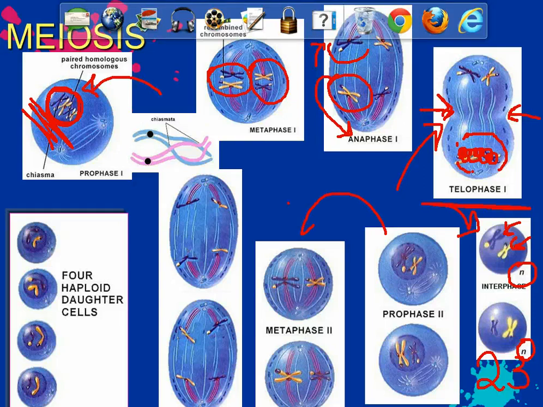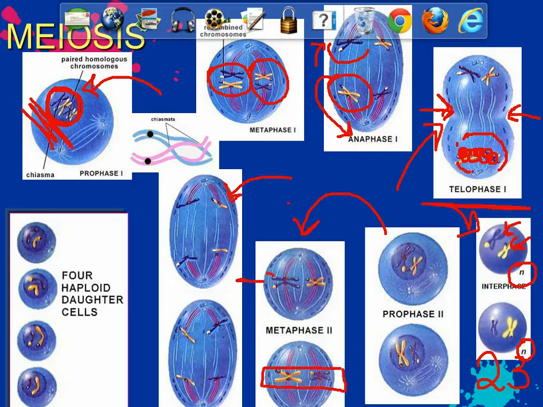Okay, we go into metaphase now, and here is what you've seen before. Each chromosome lines up individually along the equatorial plate. But remember, they're still sister chromatids. Anaphase. Here is where the chromatids detach, disjoin if you like.